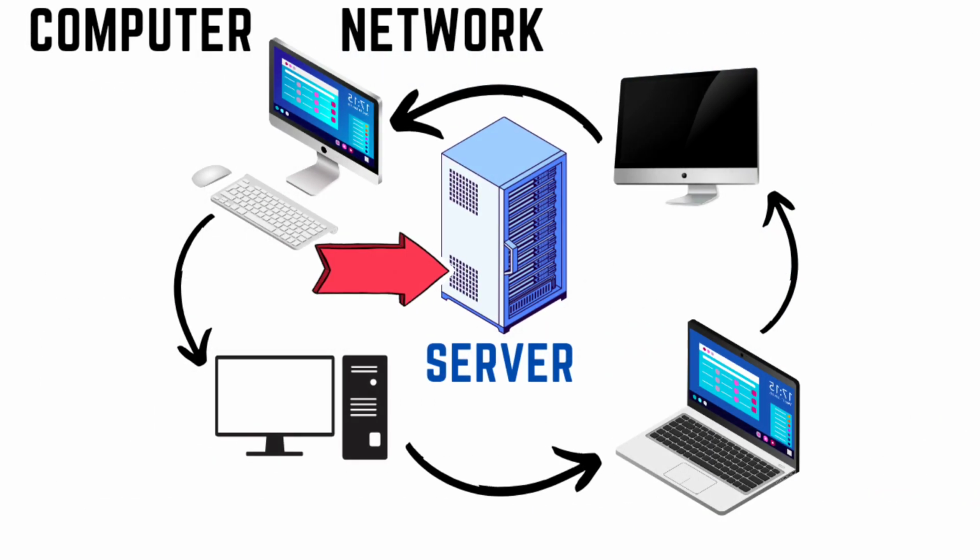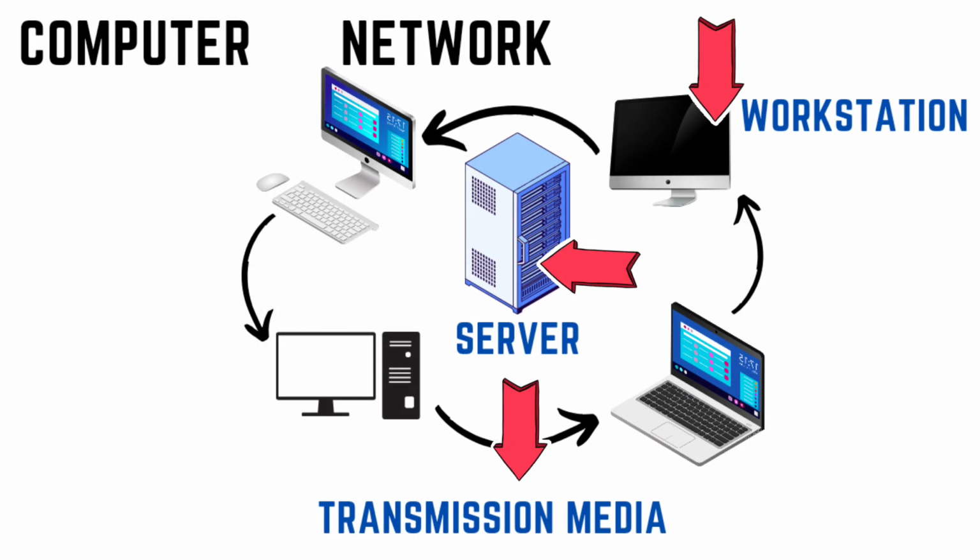The server from which we get the data and informations is also one of the networking components. So all the elements of the computer network that help to form a complete computer network and that enable the devices to communicate with each other are considered networking components.